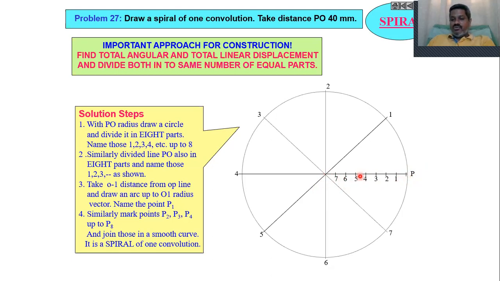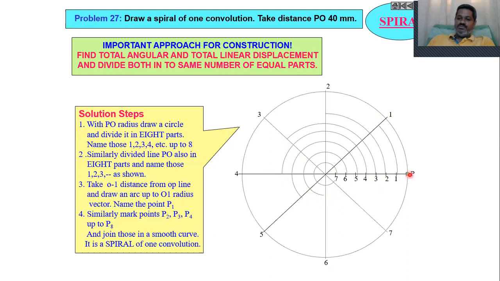Then take O1 as radius with O as center, and draw an arc up to the first division line on the circle. Then take O2 as radius with O as center, and intersect the second line. Then O3 as radius, O as center, get point 3, then 4, 5, 6, 7 like this.